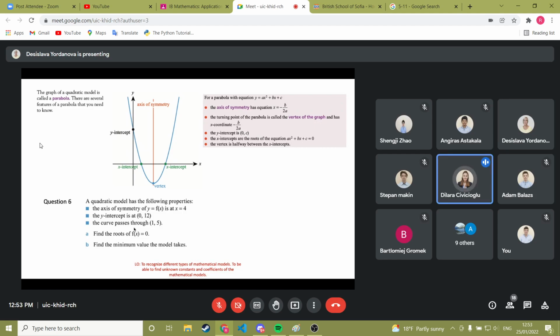We're gonna use x equals minus b divided by 2a. Yes, so minus b divided by 2a equals 4. And is it all that we have to write? Not all. You should use all the 3 given things in order to find something.